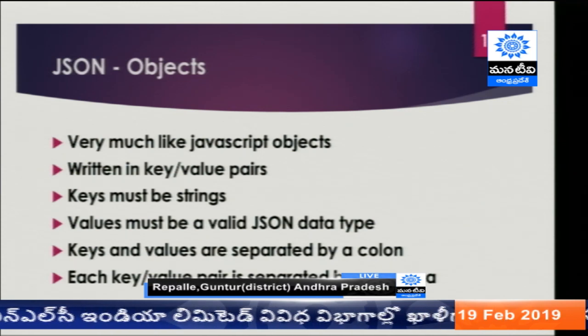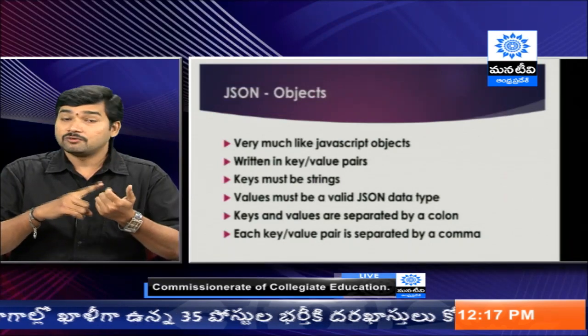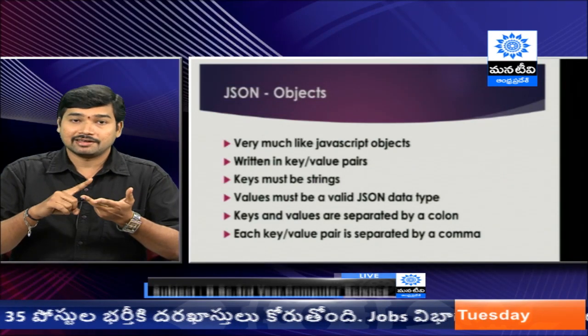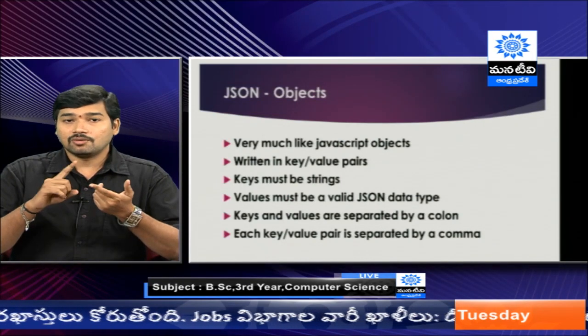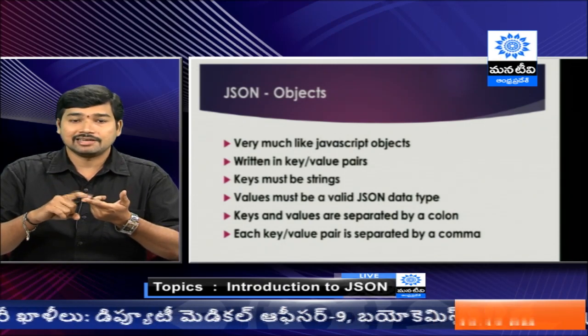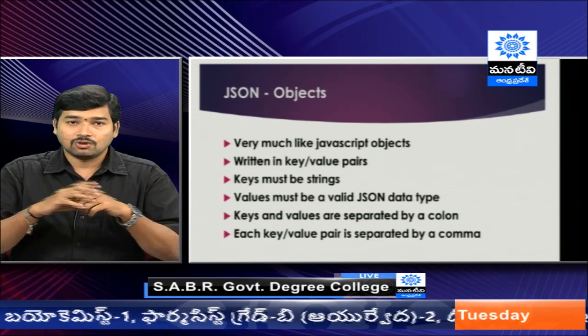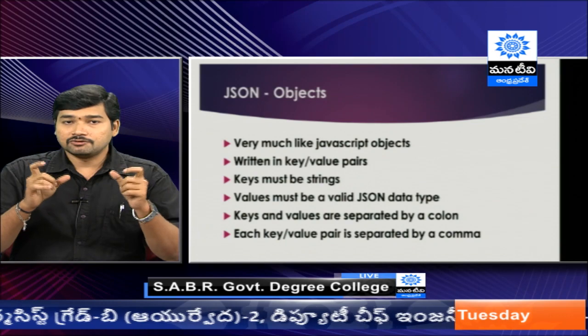We can give the value as a string or a number or a boolean or null, or we can give an object as a value, or an array as a value. We can take whatever value is required for a JSON key. These keys and values must be separated with colon, that is compulsory. And if we have multiple key and value pairs, those must be separated with commas.